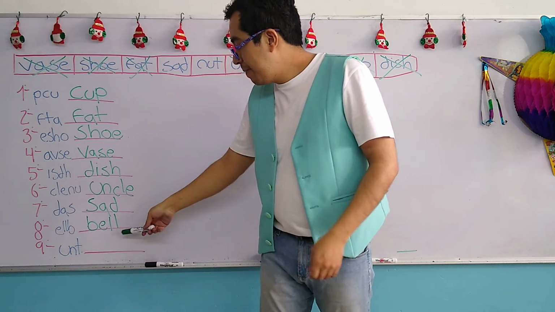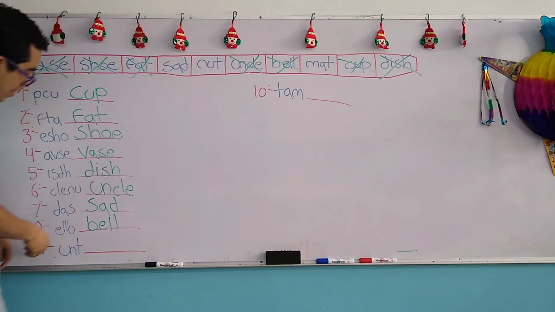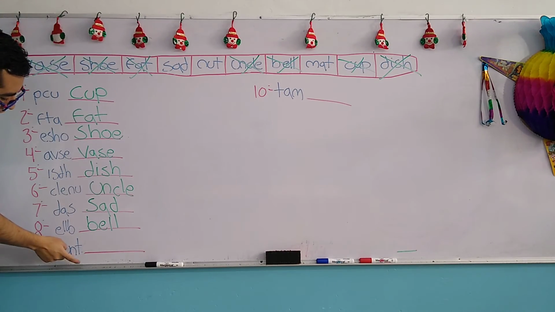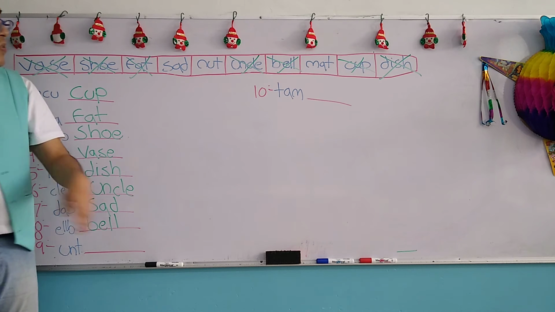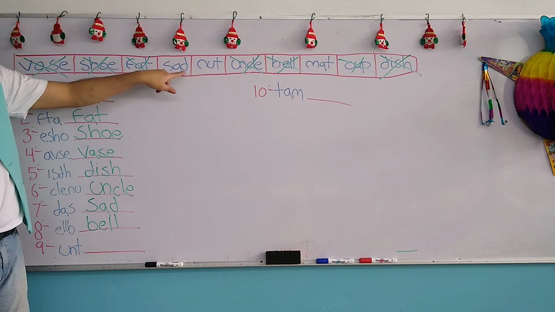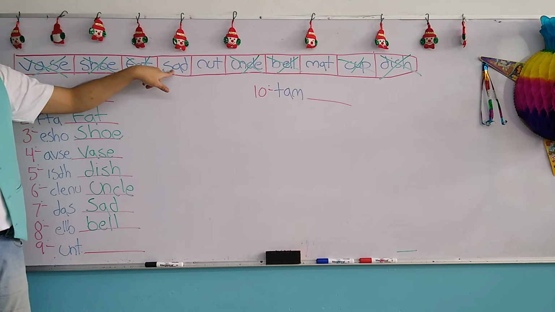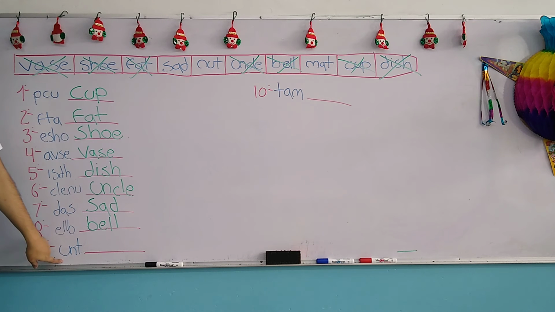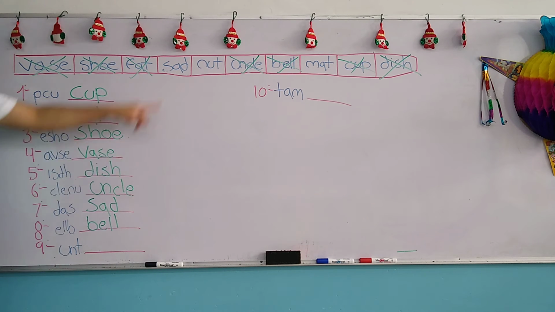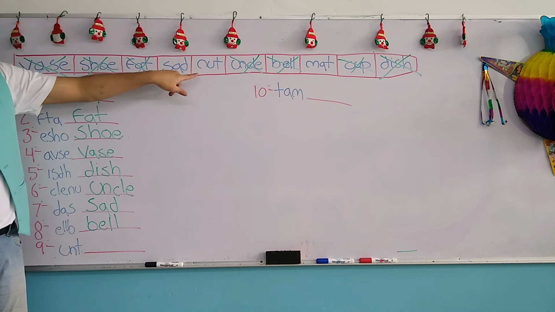Okay, very good. Now, number 9, we have letter U, letter N, and letter T. 3 letters. 1, 2, 3 letters. But here we have an S. And here in this word, we don't have an S, so that's not the one. Here, we have 3 letters.